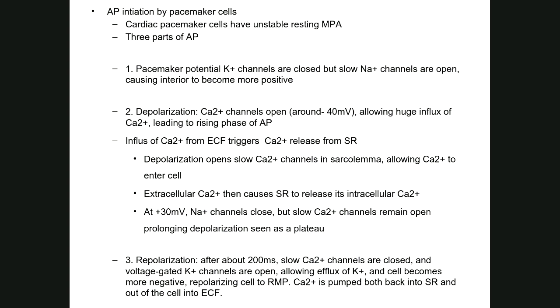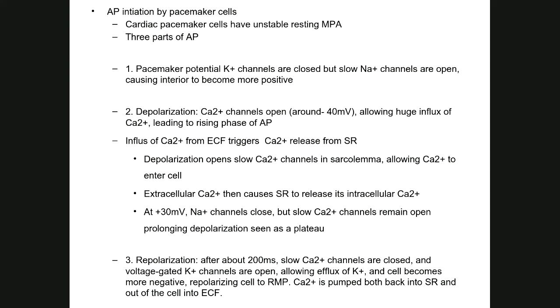So the influx of calcium from the extracellular fluid triggers more calcium inside, and this calcium comes from the sarcoplasmic reticulum, which is released.